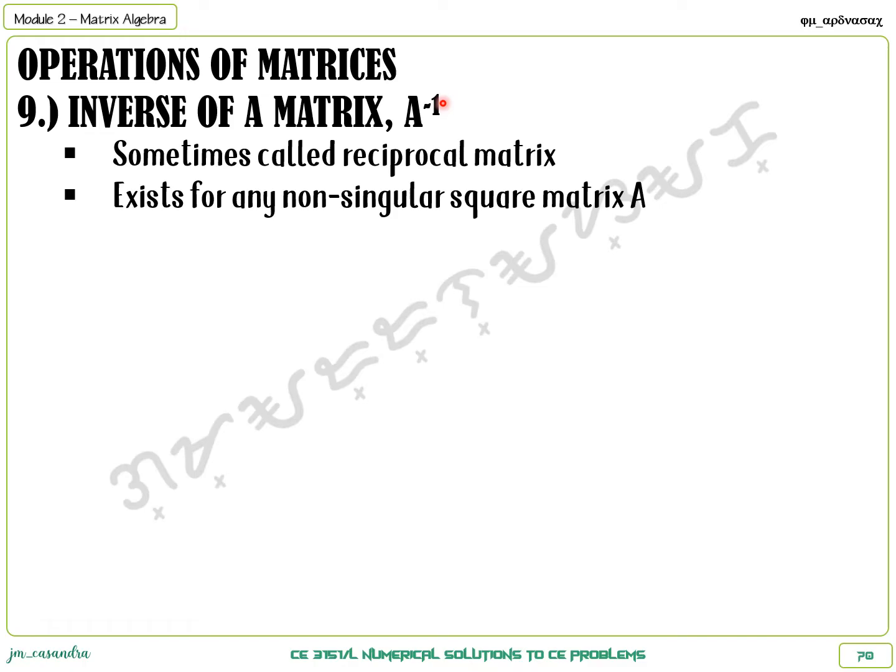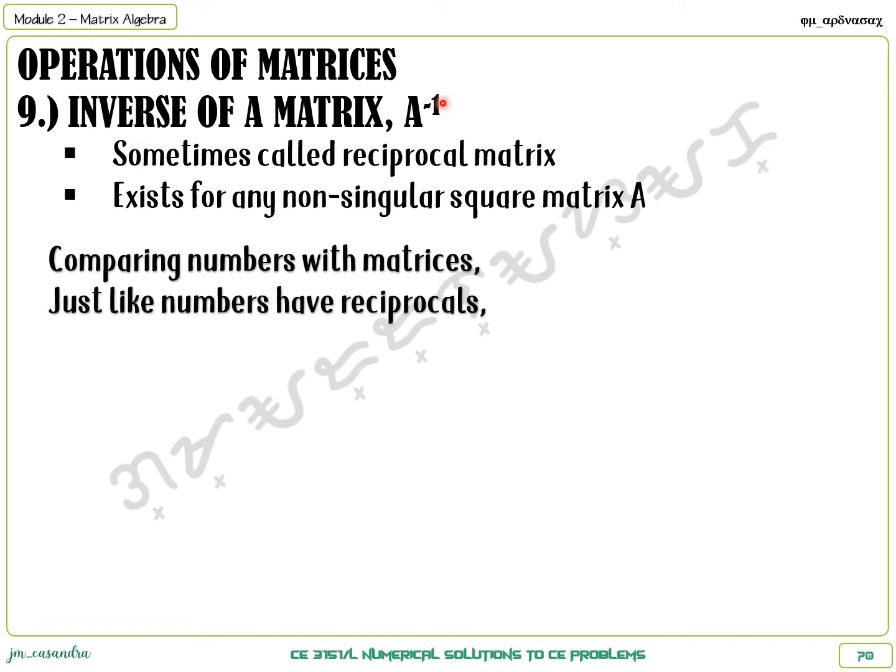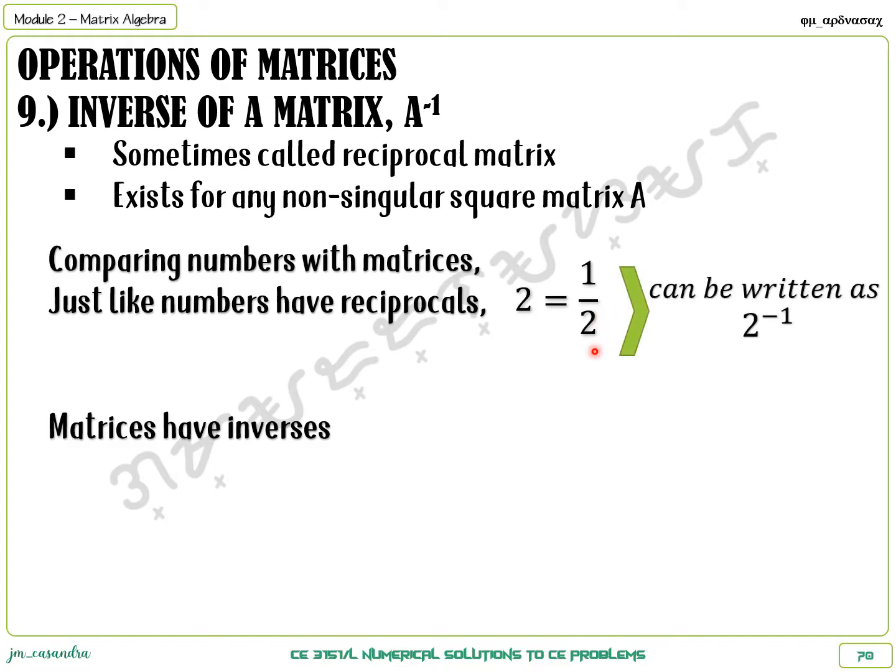To understand inverse matrices, we compare numbers with matrices. For numbers, they have reciprocals, while matrices have what we call inverses. For numbers, if we have 2, then its reciprocal is 1 over 2. Therefore, 1 over 2 can be written simply as 2 raised to negative 1.